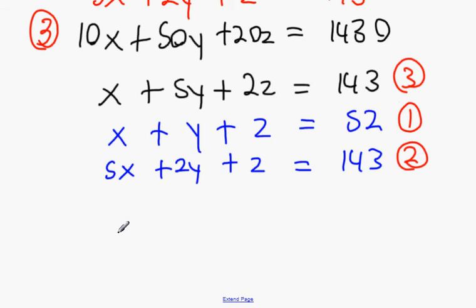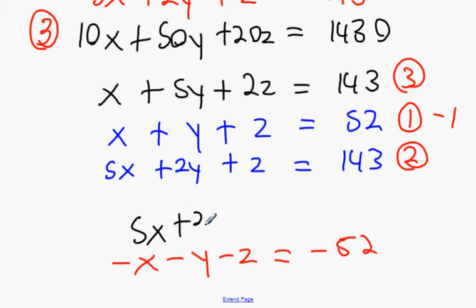In equation 1 and 2, I'm simply going to multiply 1 by minus 1. So it's minus x minus y minus z equals minus 52. Equation 2 is left the same: 5x plus 2y plus z equals 143.